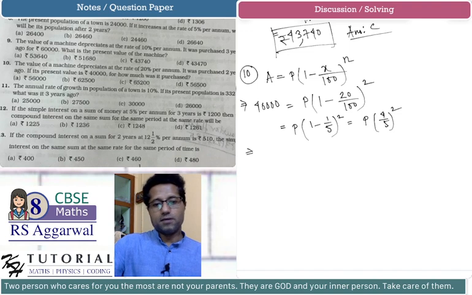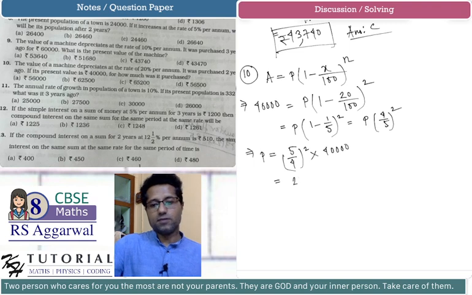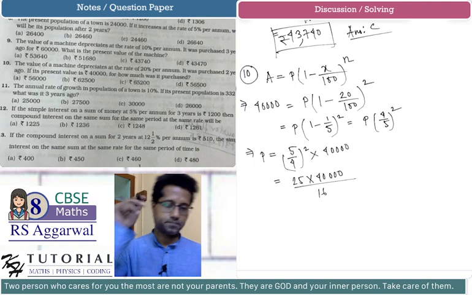So this implies P is equal to (5 by 4) square multiplied by 40,000. So this is equal to 5 squared is 25 multiplied by 40,000 divided by 4 square is 16.